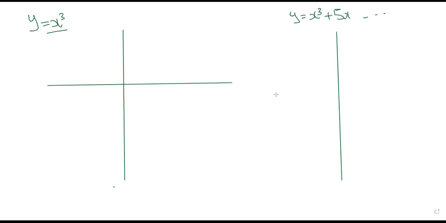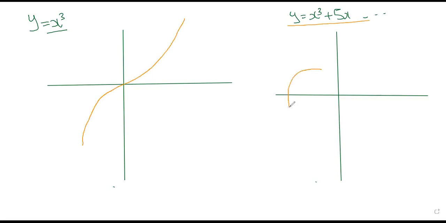Technically, both the shapes are same, but actually they are drawn this way that they look very different. So for y equals x cube, it would be something of this type. And for any other cubic graph, it could be this. Okay. So both these are the graphs of y equals x cube. This one could be this way as well.